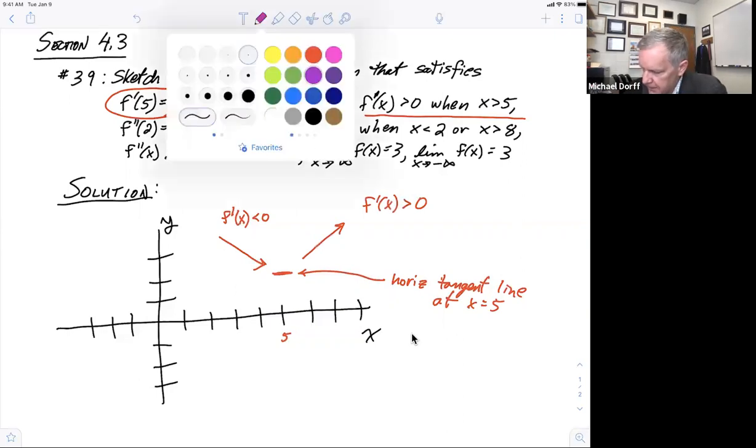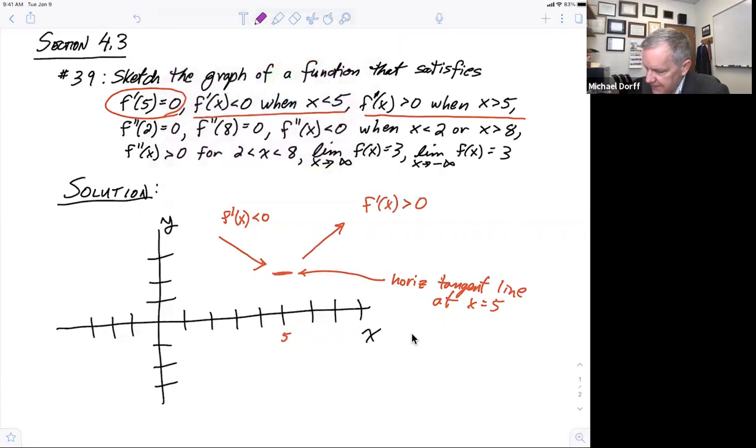All right, now let's look at some other conditions. Here's some conditions about the second derivative. At 2, the second derivative is 0, and at 8, the second derivative is 0. So there's 2, and there's 8. Here, that means that I'm going to have a change in the concavity.